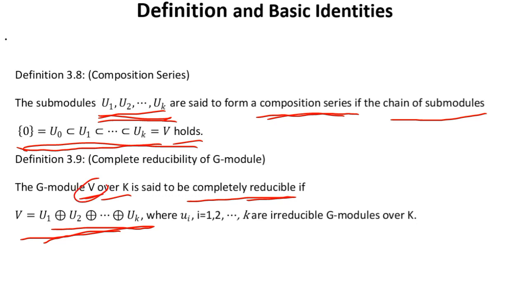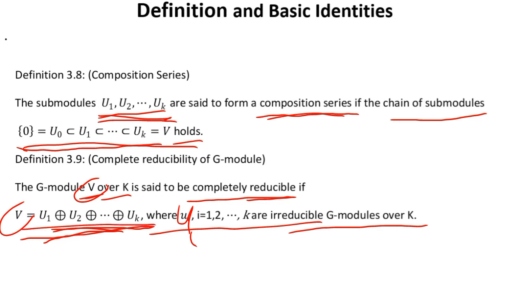This G module is the same as the direct sum of the Ui's, where the Ui's are irreducible G modules over K. This is capital U, not small u. You know what irreducible is by now, because we have defined all of those terms earlier. So it is completely reducible if this direct sum exists. Okay.